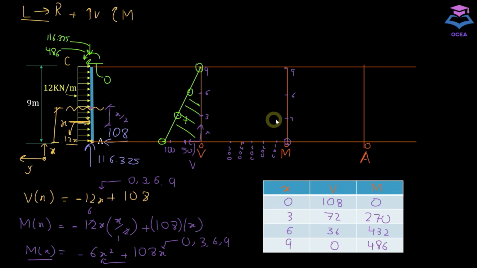At x equals 3, we have 270, which would be around somewhere here. At x equals 6, we have 432, which will be somewhere here. And at x equals 9, we have 486, which would be somewhere here. To draw the moment diagram, just graph through the plotted points. So this will be our moment diagram.